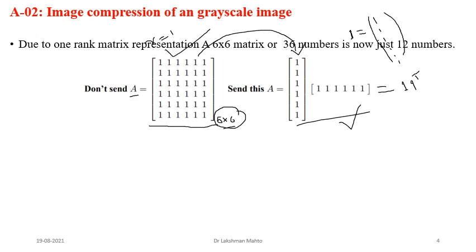So due to the rank one representation of a 6 by 6 matrix, where we have 36 entries, in place of that we just need to remember this 6 entry vector and this 6 entry vector. In total 12 entries happen to be enough to explain everything about this matrix. So that is the beauty of rank one representation.